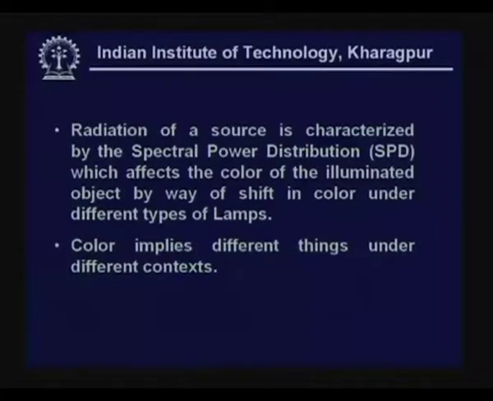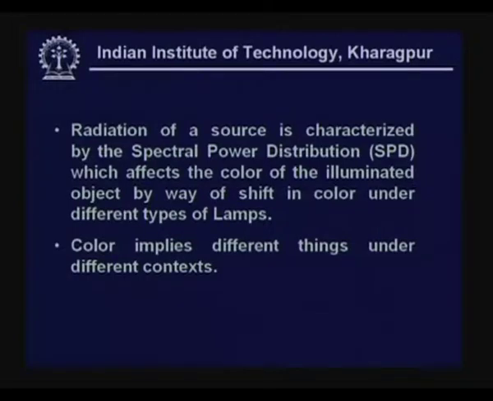That being the case, how do we look into these aspects? Let us see. Color could in fact mean different things under different contexts. So, as the backdrop, we need to look at what color could be and how color needs to be specified. This is the important thing.